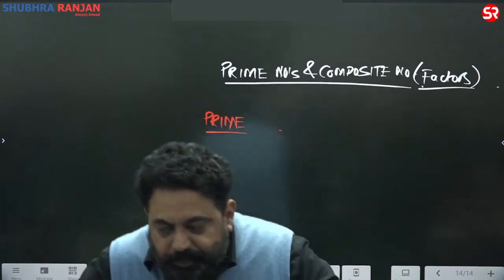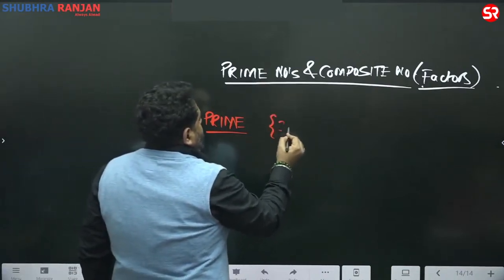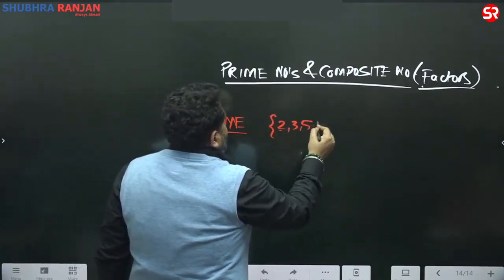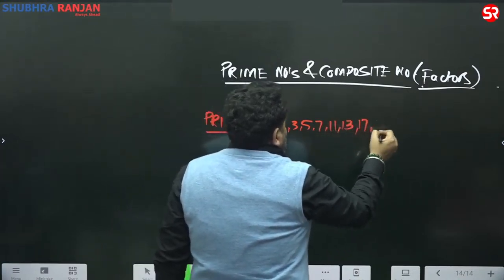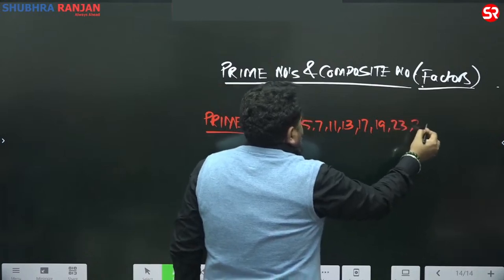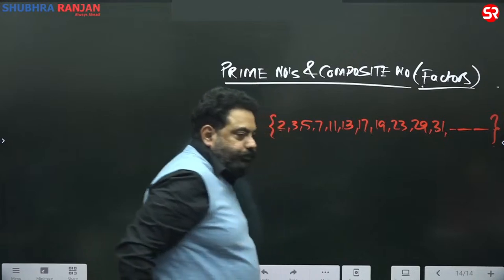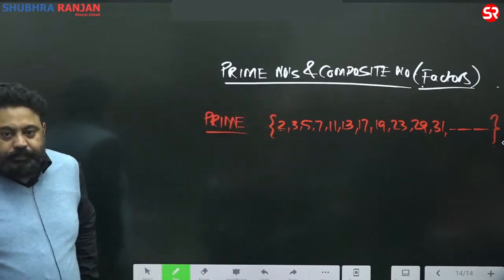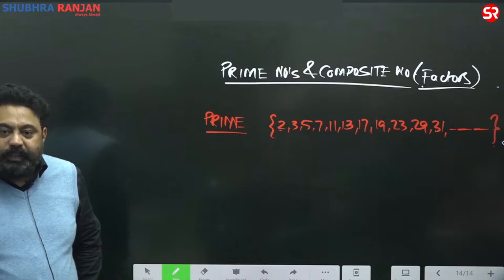Prime numbers. Example of prime numbers: 2, 3, 5, 7, 11, 13, 17, 19, 23, 29, 31, and so on. Clear?